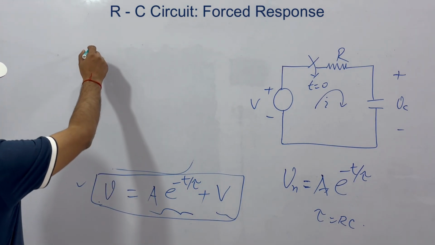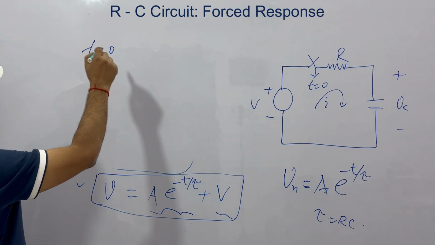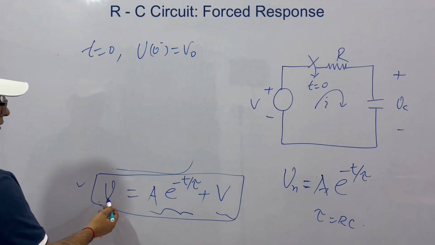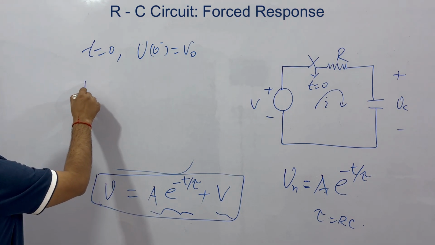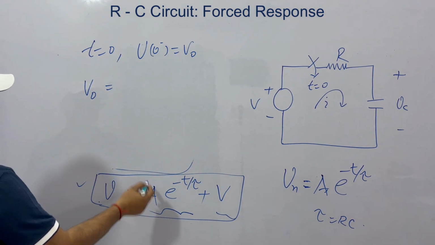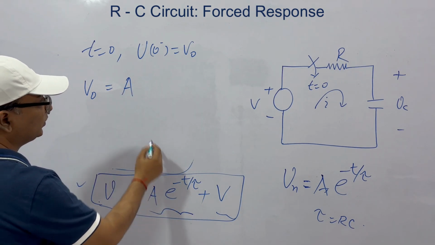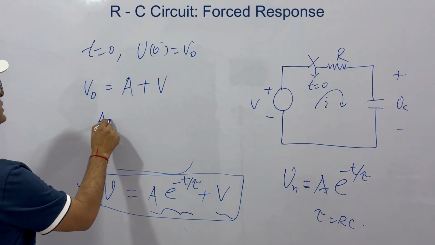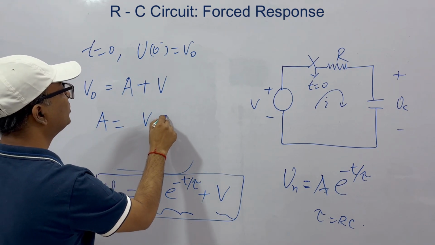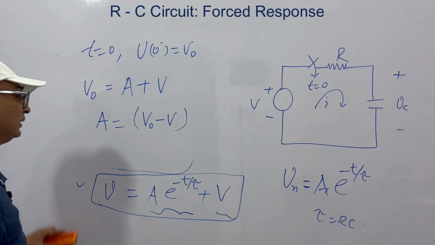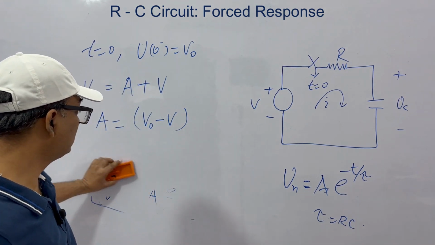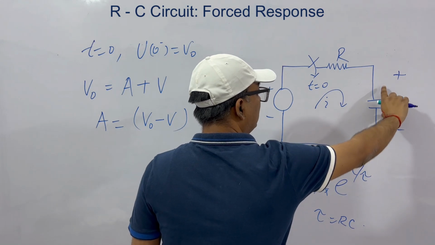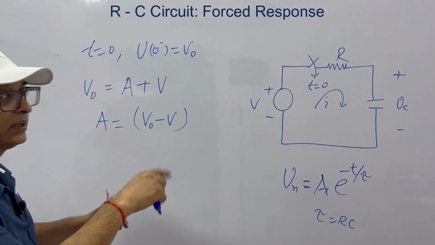Now at t equal to 0, our initial condition is V0. So let's put this in this equation. This becomes V0, this becomes A, t is 0 so this is 1, and plus we have this voltage V. So here A is not V0 but A is V0 minus V. That is, this constant is the voltage we had initially minus this voltage, which was the driving force.